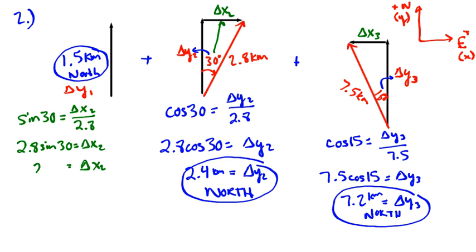So this is going to be 1.4 kilometers. And if you read the question again, it says 2.8 kilometers at an angle 30 degrees east of north. So that 1.4 kilometers is east.